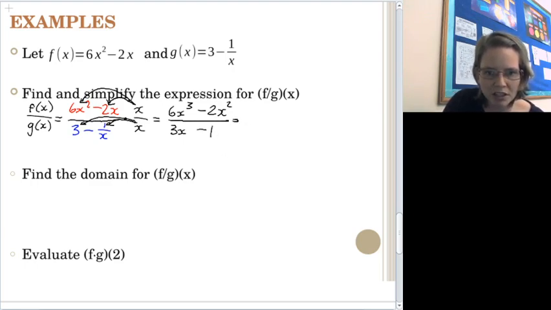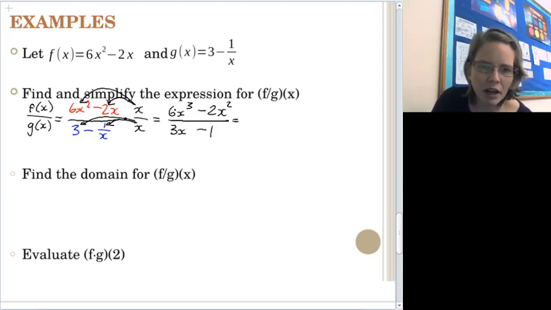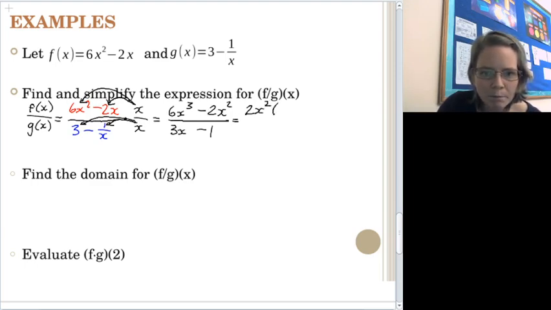Now let's see if I can actually simplify this any further. I can factor the top. I have a greatest common factor between 6 and 2, which would factor out a 2, and a greatest common factor of x squared between x cubed and x squared. So if I factor out a 2x squared, from the 6x cubed I'm left with a 3x, and from the 2x squared I'm left with a 1.